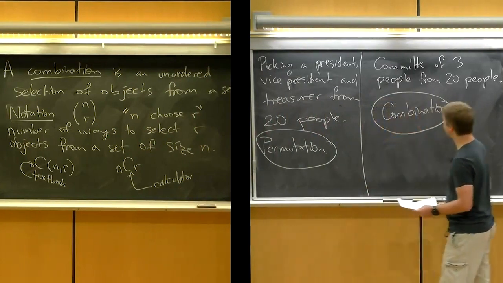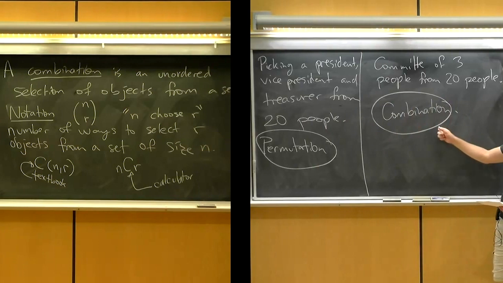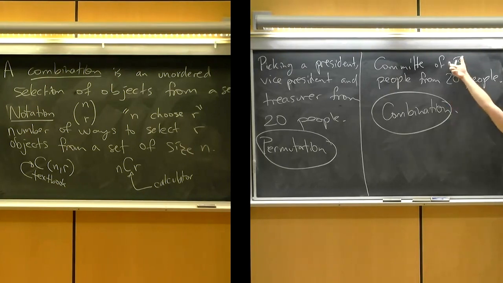Okay, let's solve this problem about a committee. Here's one way to solve the problem without really understanding what you're doing, because you have a calculator, right? And if you don't yet, I suggest getting one because it'll make your life a lot easier. I'm telling you, this is a combination problem. You've got 20 people, you're selecting 3 of them.